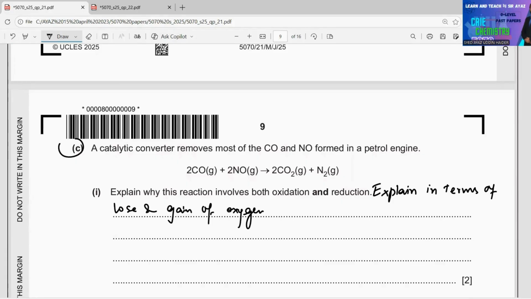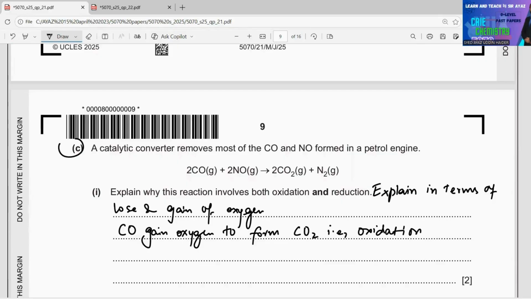That's very easy. CO is gaining oxygen and NO is losing oxygen. So CO is oxidized. CO gains oxygen to form CO2. That is oxidation.